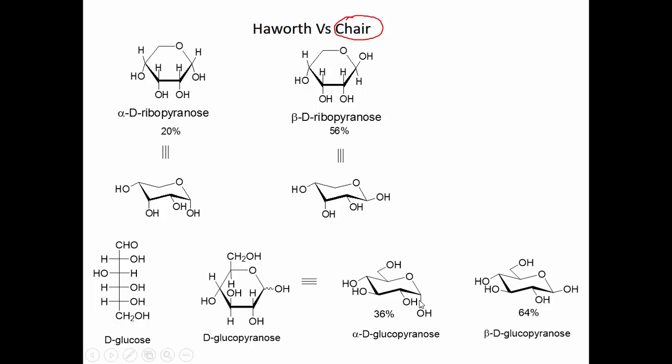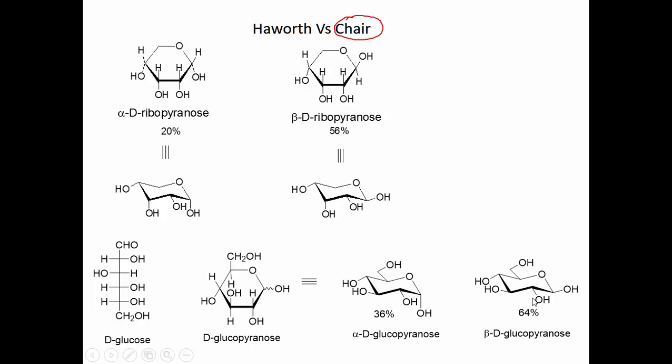It's the only one where you can have all of the OH groups equatorial, again, except for the anomeric carbon, which has the choice to be axial or equatorial. We see a little bit more of the equatorial form, the beta anomer, there's more of it.